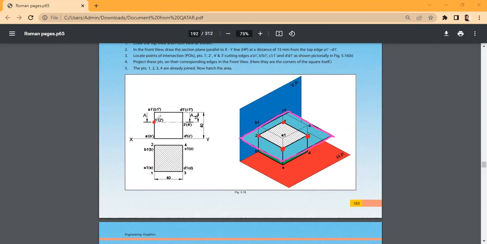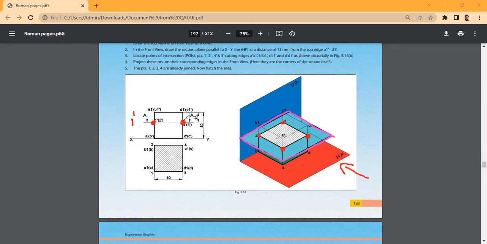That means here 2 points, here 2 points. But in the front view, you can see that one point is in the front while the other point is in the back side. In the right side also, this point is in the front side where this point is in the back side. So I will name this as 1 dash. Then the other point is on the back side.